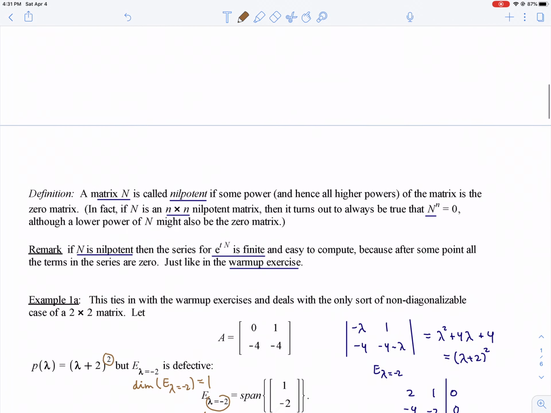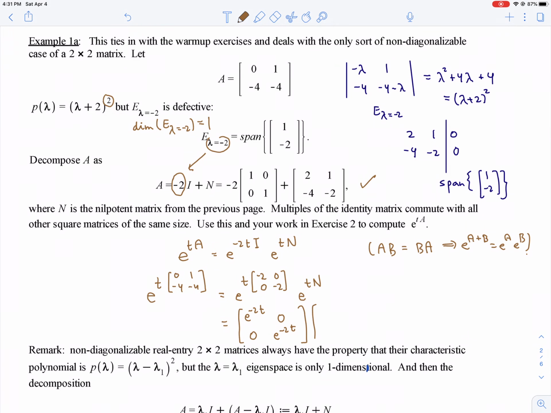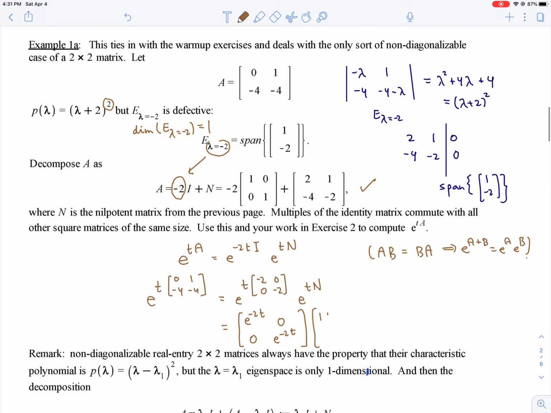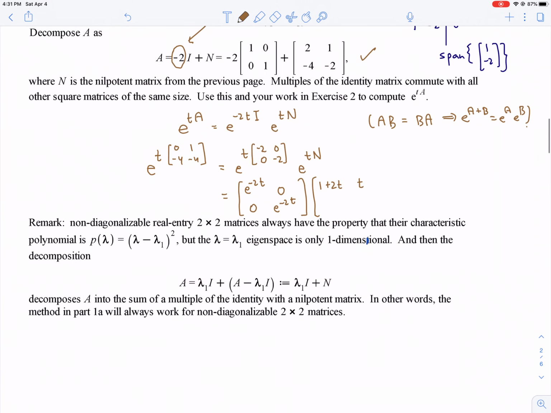e to the tN, I should have copied from the other page, is the matrix 1, 1 plus 2t, t, and minus 4t, 1 minus 2t.